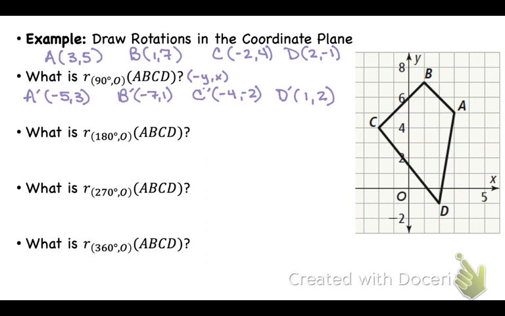Okay. So rotate 180 degrees about the origin. So what's my rule? Negative x, negative y. I'm not switching places, am I? So then A prime is negative 3, negative 5. B prime, negative 1, negative 7. You've got to come clear up to the top.